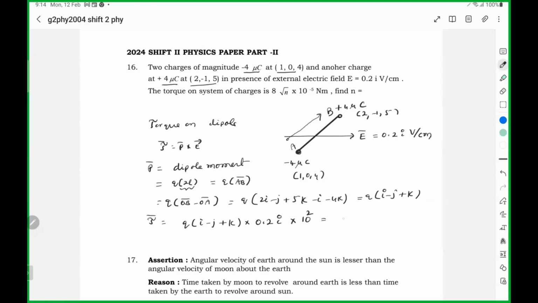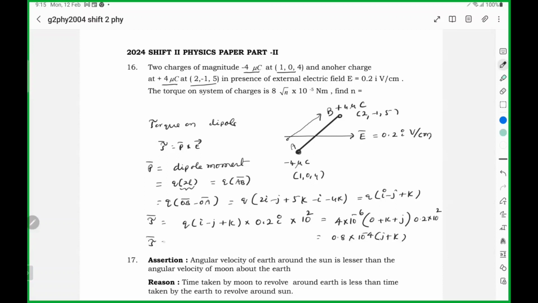Q here is 4 microcoulombs, 4 into 10 power minus 6. i cross i is 0, j cross i is minus k, k cross i is j, into 0.2 into 10 square, which is 0.8 into 10 power minus 4 (j plus k).